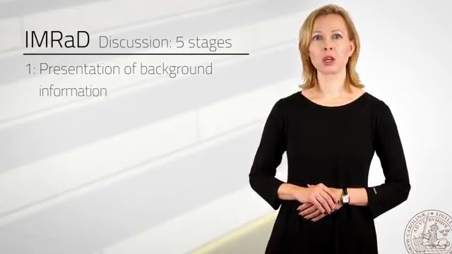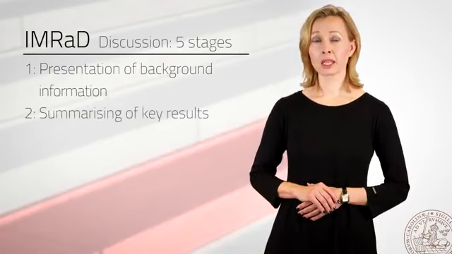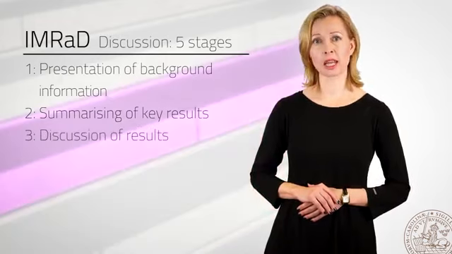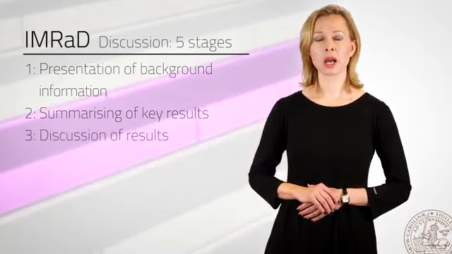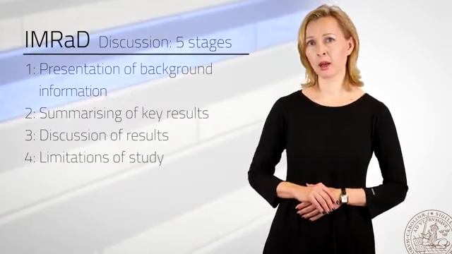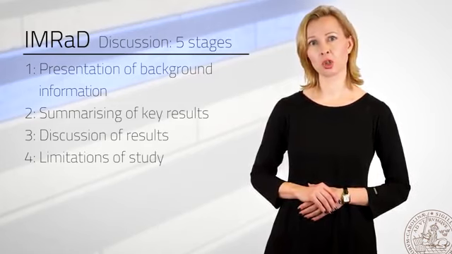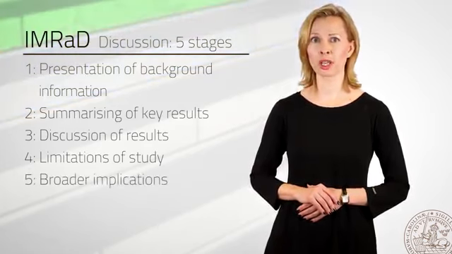Move 2 is the obligatory summarizing of key results. Move 3 is where the actual discussion of results takes place. And sometimes it might be necessary to mention the limitations of your study, which is move 4. And finally, move 5 is the place to suggest further research or broader implications.